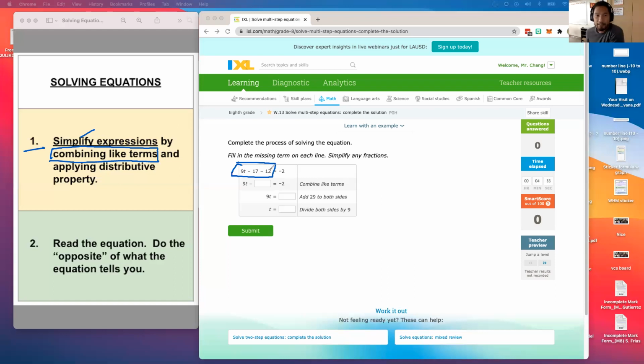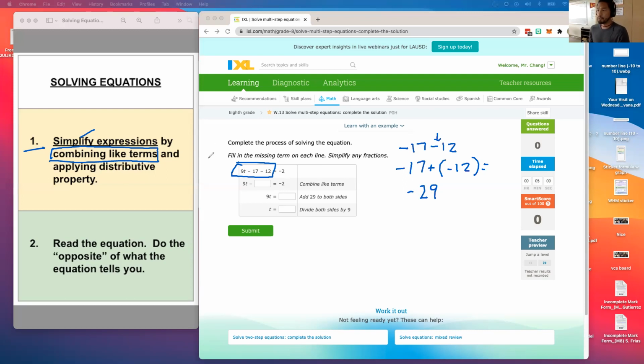Minus 17 minus 12. I see the subtraction here, so I'm going to rewrite this as adding the opposite. So I'm going to say -17 plus -12. Some of you guys do this a different way, but that equals -29. So that's my first step.